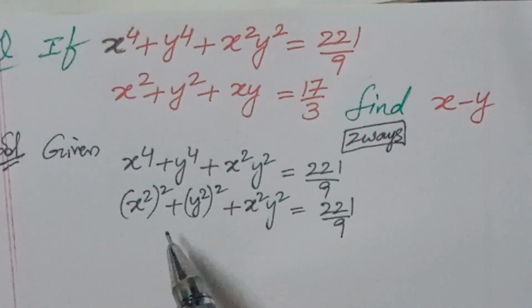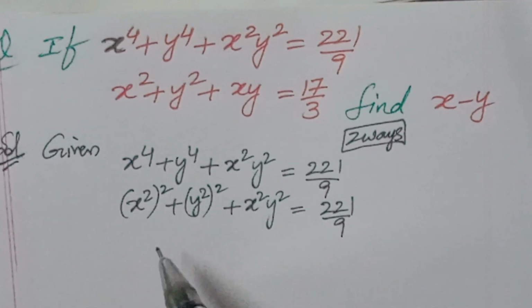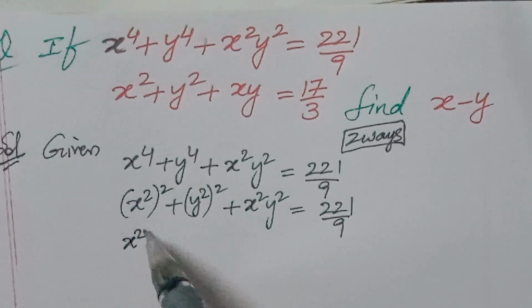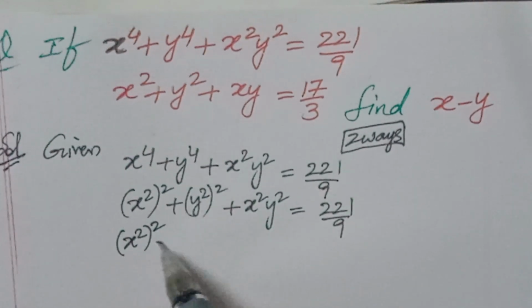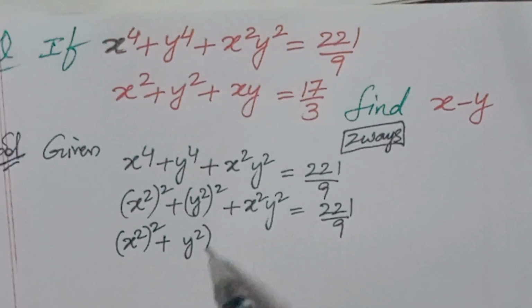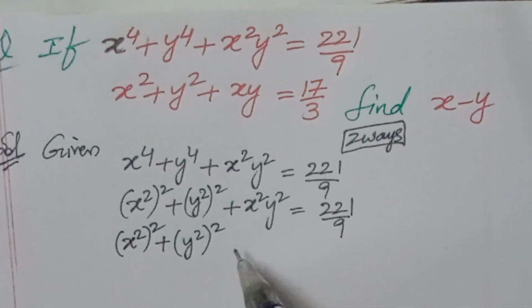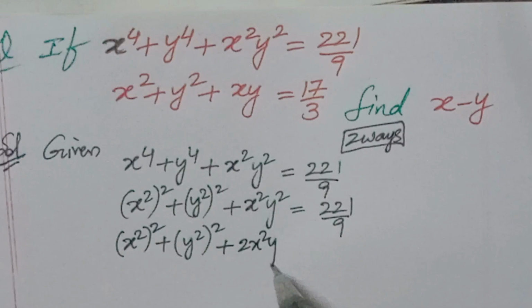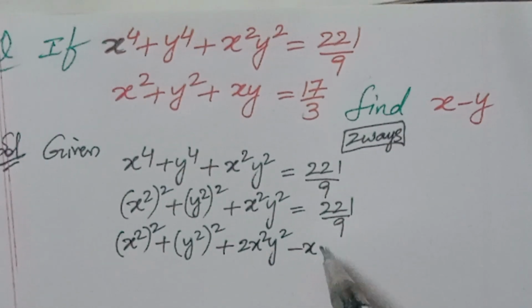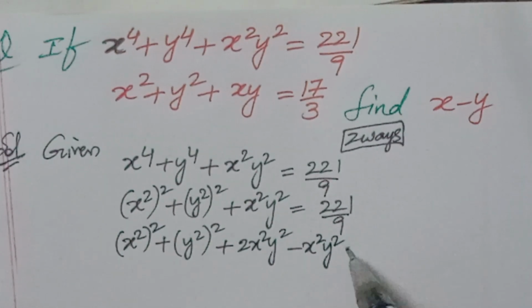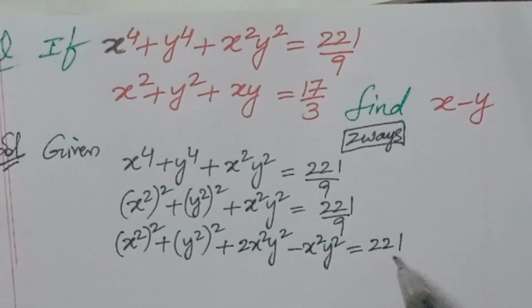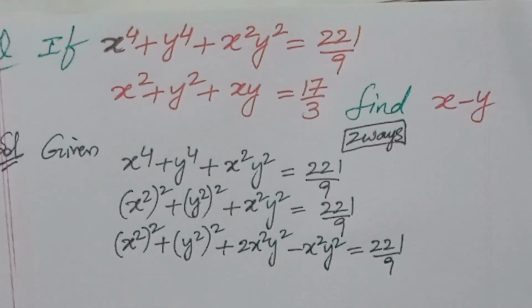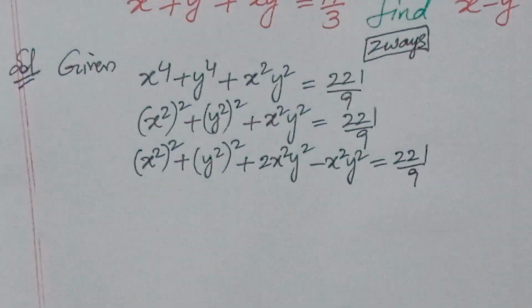So here you can write it in the form a plus b whole square: (x square) whole square plus (y square) whole square plus 2x square y square, minus x square y square is equal to 221 by 9. You are making it a perfect square.